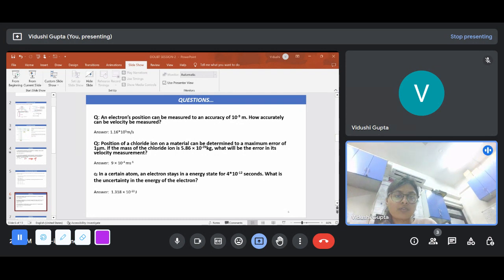So to convert Angstrom into meter, we multiply by 10 raised to power minus 10 meter. So by solving it, the value of energy will be 3.143 into 10 minus 19 joule. Up to this, is it clear?